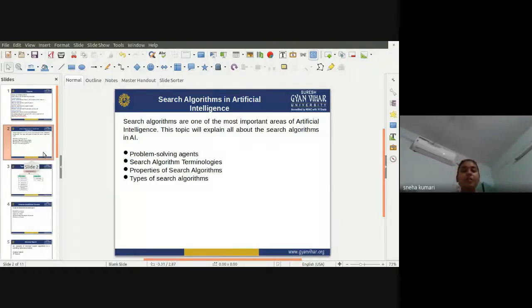The next terminology is the search tree. A tree representation of a search problem is called a search tree, and the root of the search tree is the root node, which corresponds to the initial state. Whenever we start searching, we have one start state.